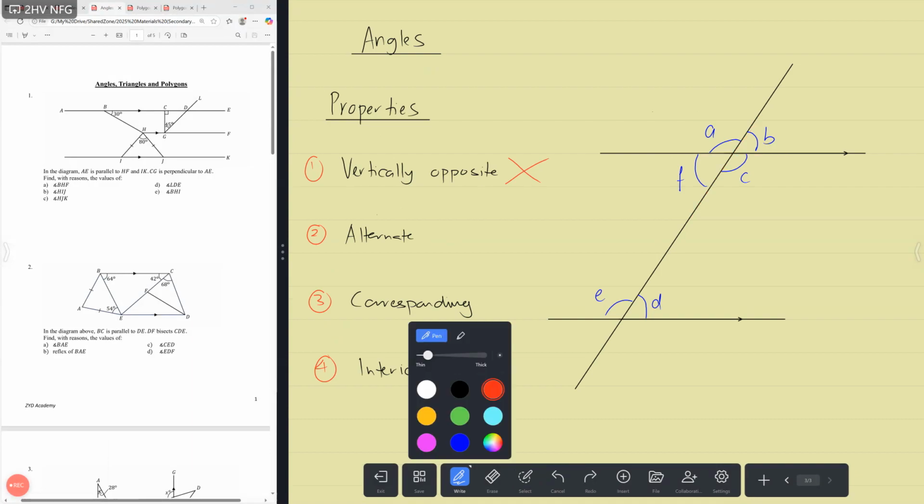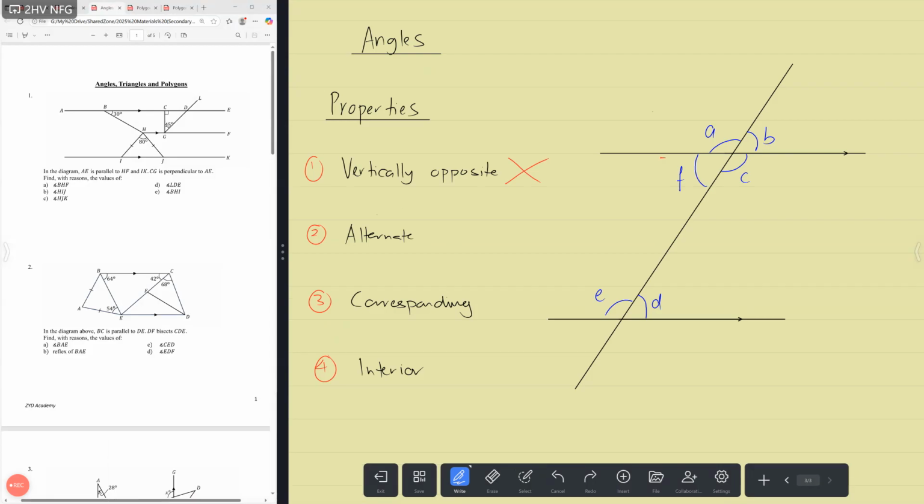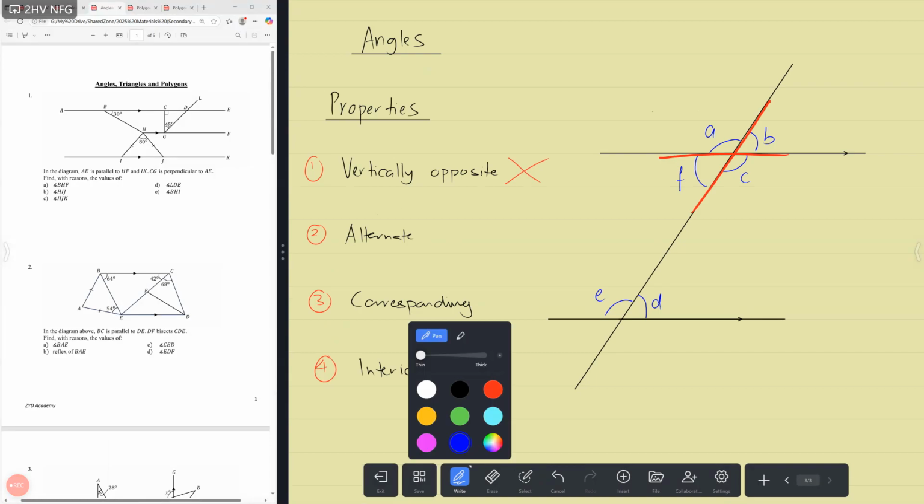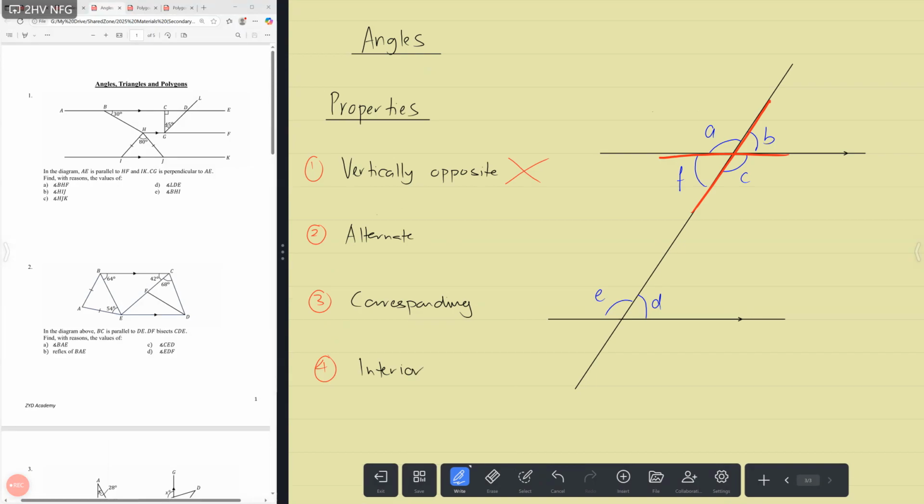Yeah, it is in red. Let me just increase this thickness. So these two lines are crossing each other. So I can say angle A and C are vertically opposite, and also angle B and F are vertically opposite. Our first pair of vertically opposite angles are angle A and C, and vertically opposite angles are equal to one another.